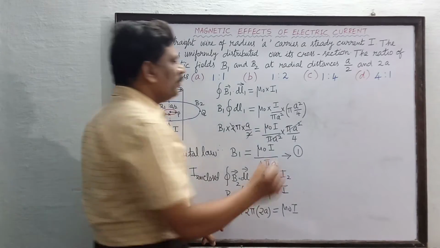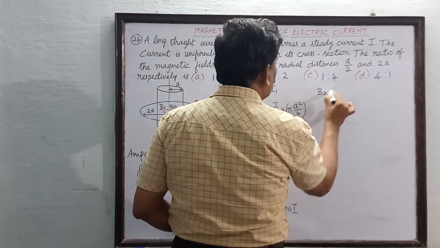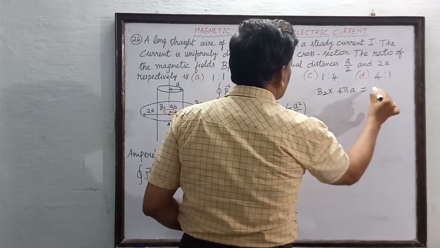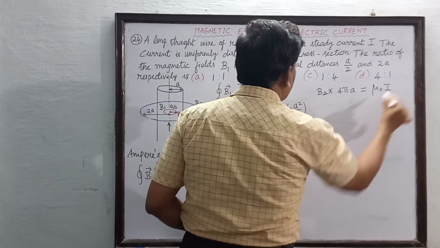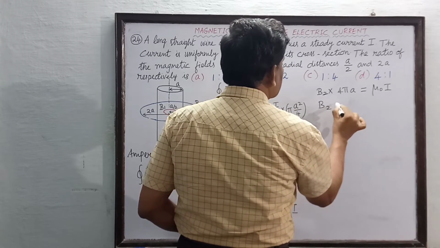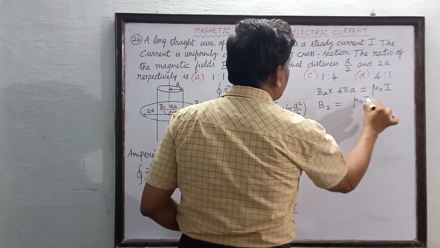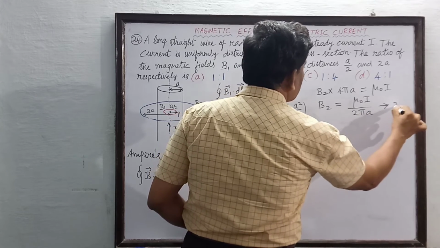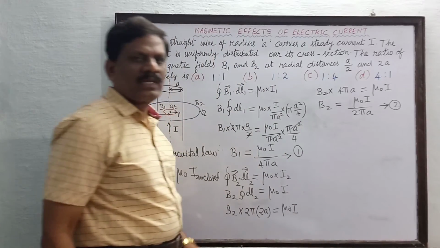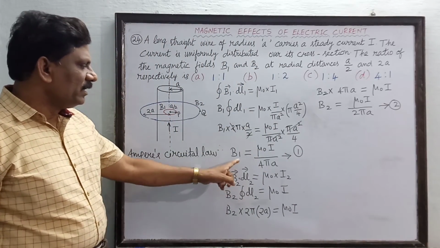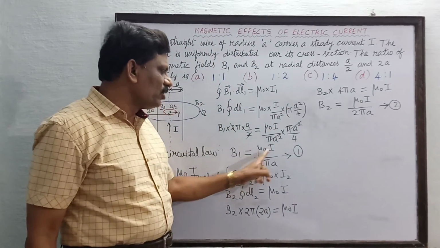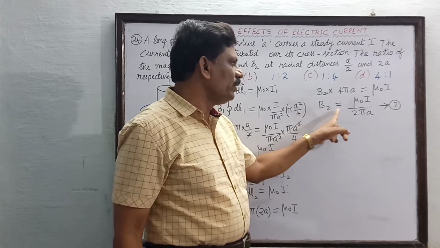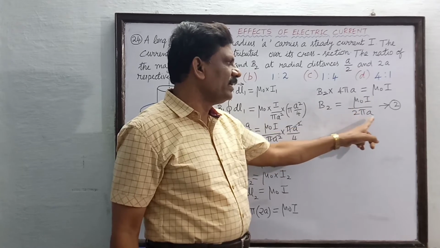So B2 into 4 pi a is equal to mu naught into I. So B2 is now equal to mu naught into I divided by 2 pi a, and this is equation 2. Already equation 1 is B1 equal to mu naught I by 4 pi a, and now we also get B2 equal to mu naught I divided by 2 pi a.